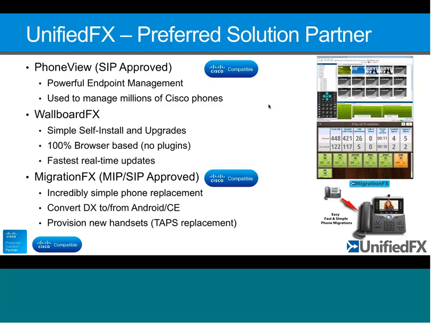So we're in all the programs that's applicable, which effectively means if you trade in either 100 Cisco phones or 100 non-Cisco phones as well, like Avaya phones, etc., and submit it as part of the MIP program with the appropriate MigrationFX part code, you can get a site license for a year for MigrationFX and just make all those phone replacements nice and easy. And the TAPS functionality is part of that, so that allows you to provision the handsets, which is usually used when you're migrating from non-Cisco phones.